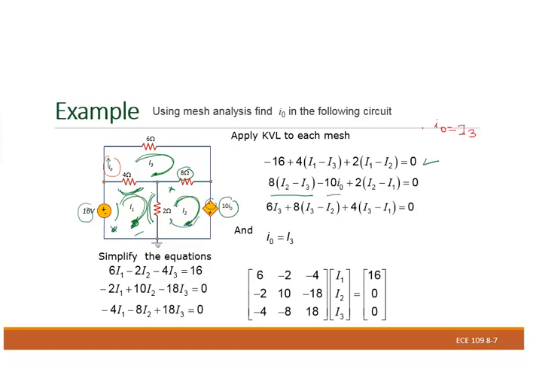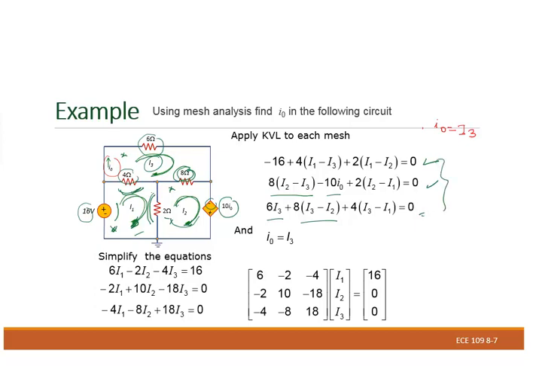When you come here, 2 times (I2 minus I1) will be equal to 0. Next equation, starting from maybe this point here, it doesn't matter which point you start from, it's going to be 6 times I3. When you come here, 8 times (I3 minus I2). When you come to this one here, 4 times (I3 minus I1) will be equal to 0.